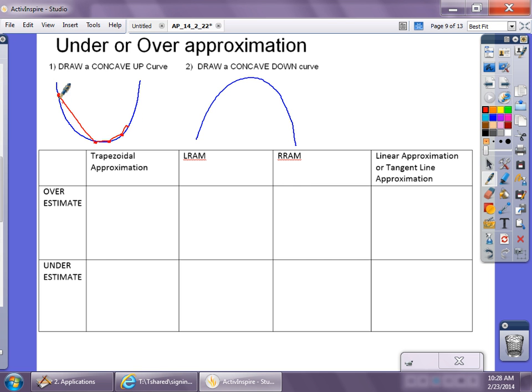Notice that the trapezoid is on top of the curve. Doesn't matter if it's increasing or decreasing. What do I mean by that? If I increase two different ways, increasing this trapezoid is above, but increasing here, oh sorry, that's the decreasing curve, wow.